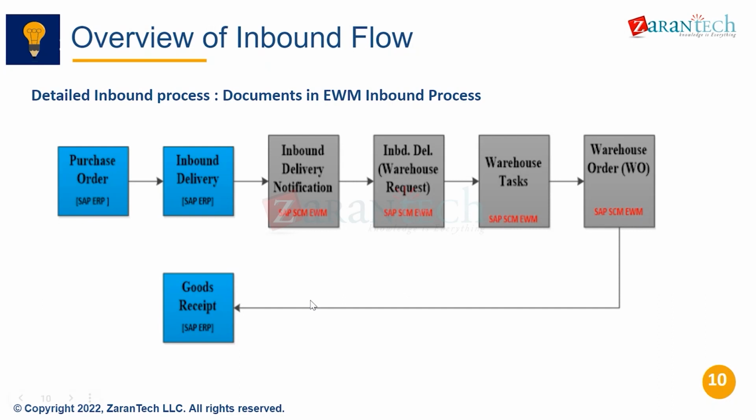We will have the quality inspection work center there, and in EWM again we will do the quality check. There are separate setups available, and if the quality passes, or we will have the follow-on actions. If the quality is rejected, what should the follow-on action be, whether it should trigger your return process or scrapping process.